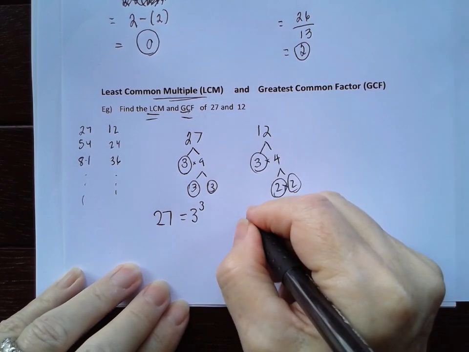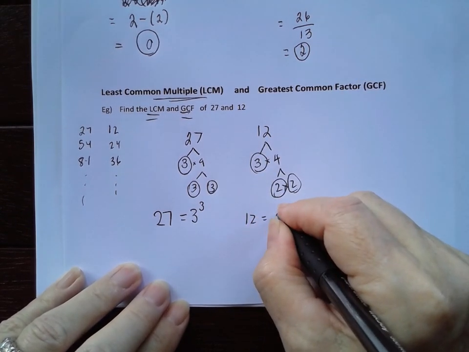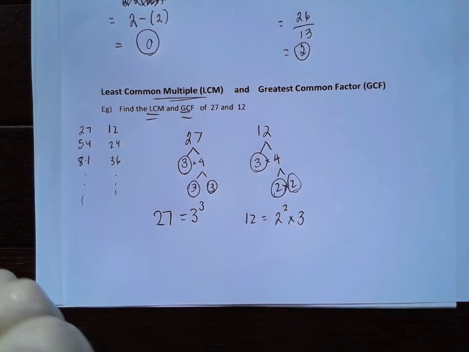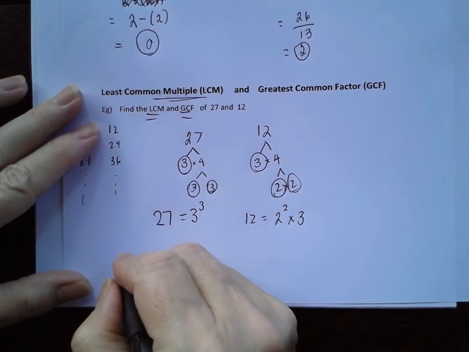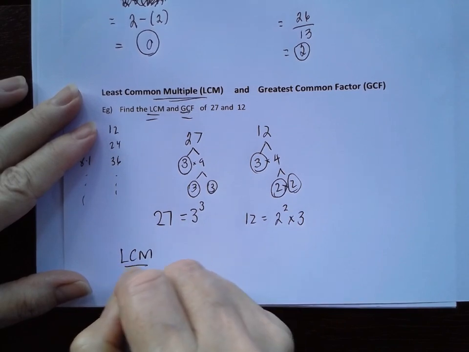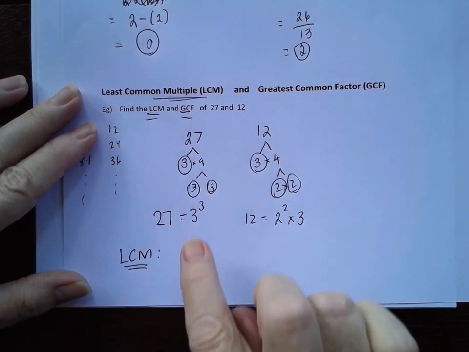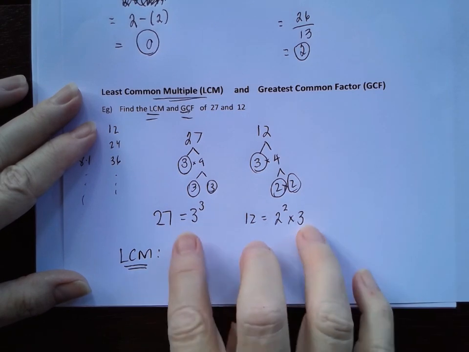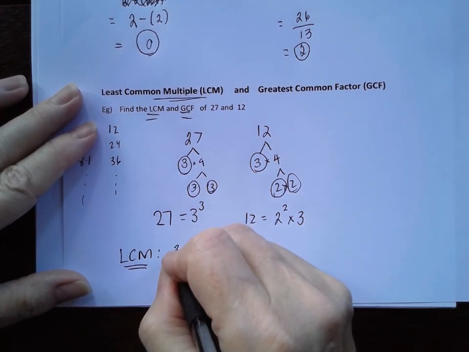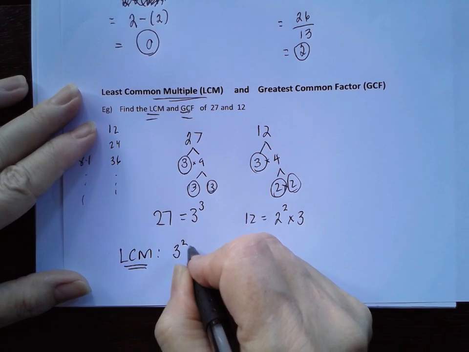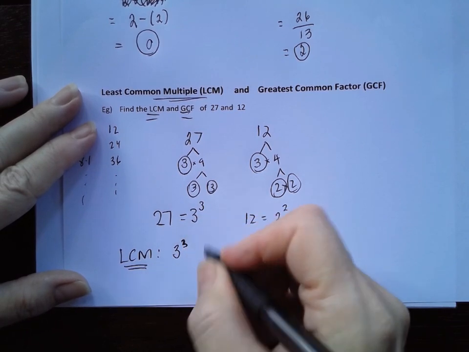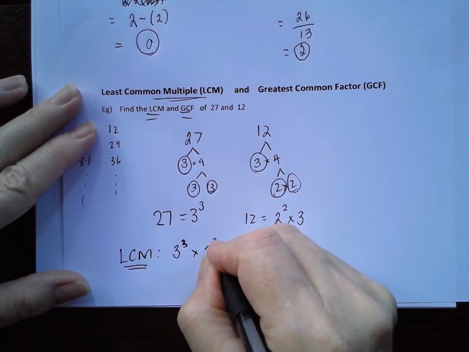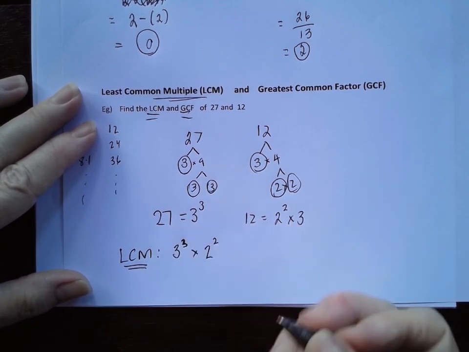And when I write these numbers as their prime decomposition, as I did in year 7 and year 8, to get the LCM, I have to have everything that's represented. So if I have 3 cubed and a 3, all I need is the highest power of 3. So I'll go 3 cubed, the highest power of 3, and I need the 2 squared. So everything, the highest powers of 3's and 2's that are represented.